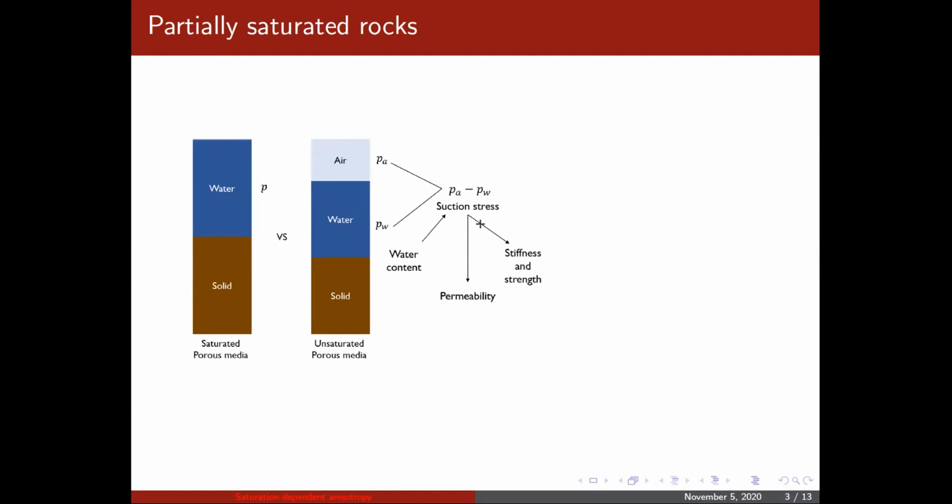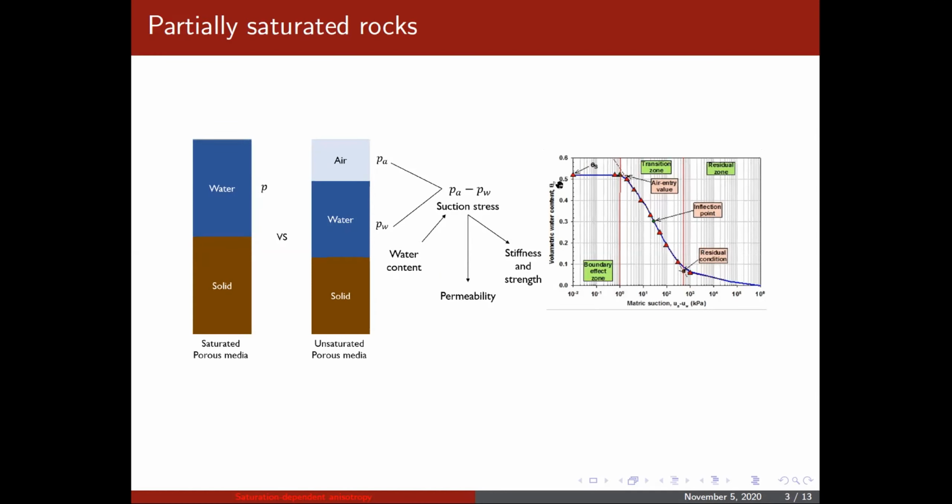The difference between the pore fluid pressures gives rise to capillary pressures or suction stresses, depending on the amount of water, or the wetting fluid, or the saturation in the rock. This in turn would affect the permeability, the stiffness, and even the strength of your rock. And so we would be able to find a specific relationship between the water content and the suction stress.